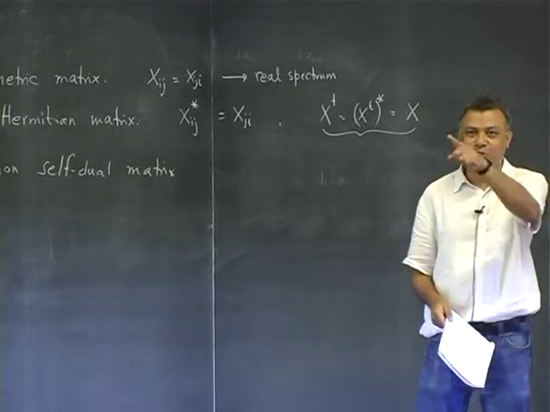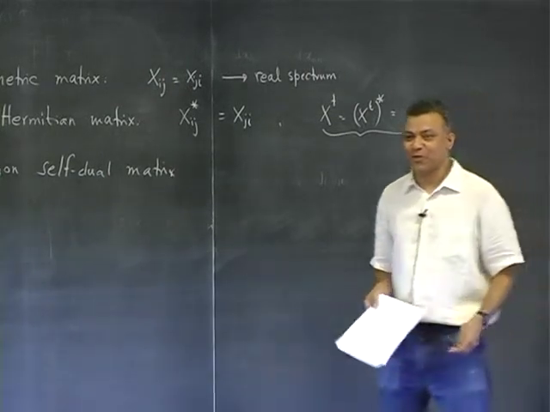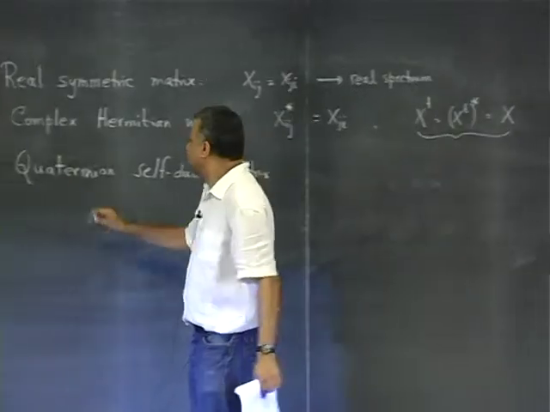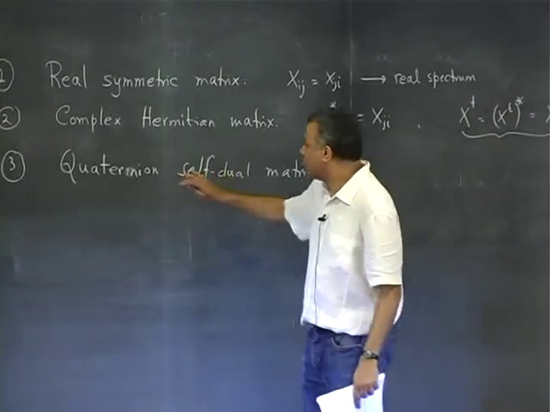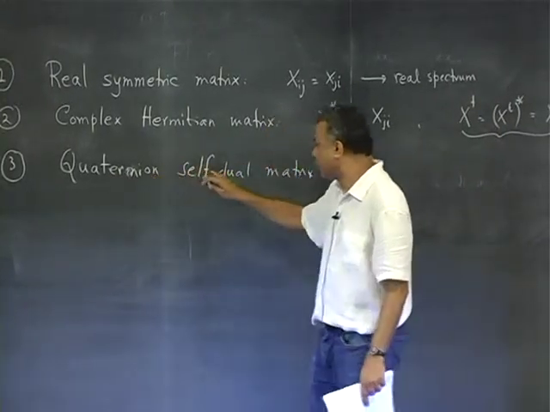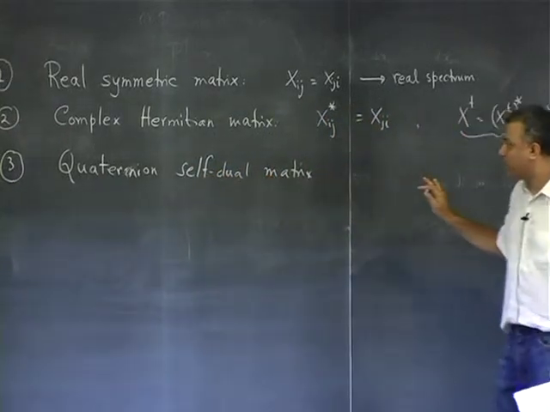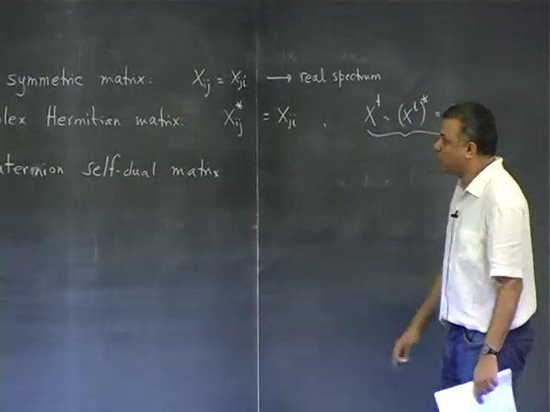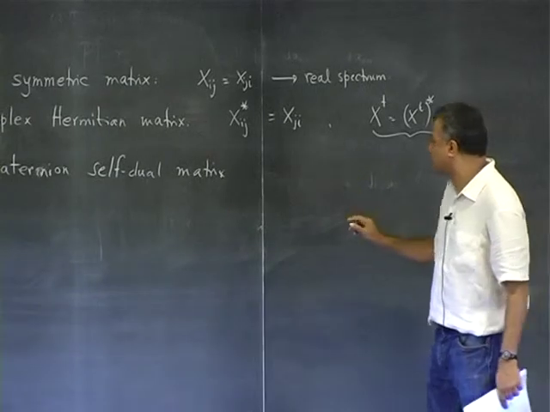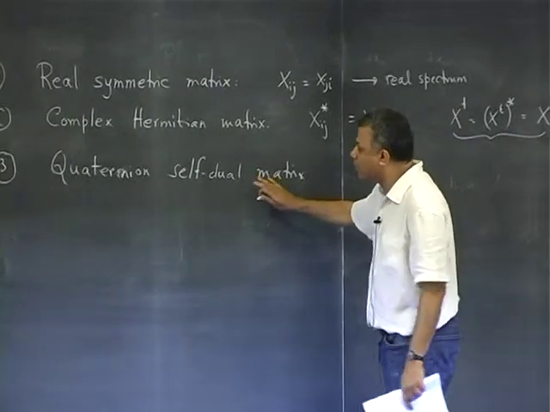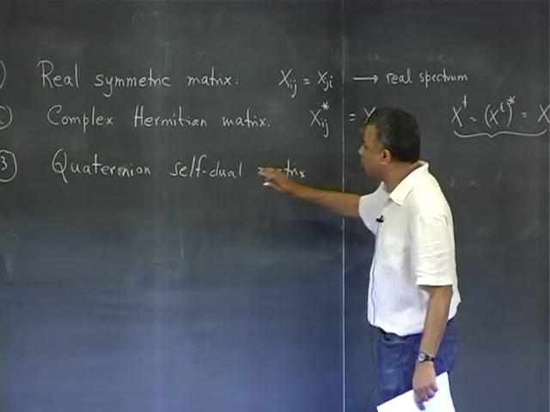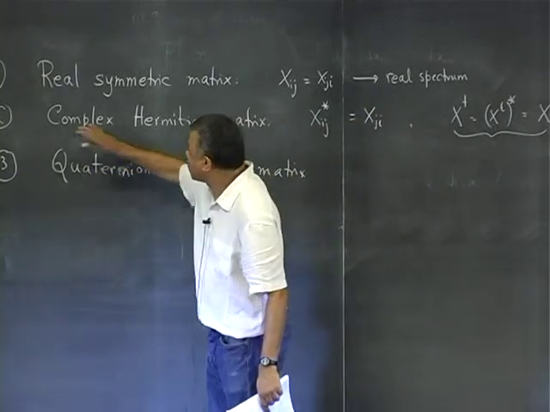Only one person, two, three, okay, quite a few. I can define quaternion matrices, but that will take me away a little from the main development of the course, so maybe we can discuss it in the tutorial. Quaternions are just a generalization of complex numbers.